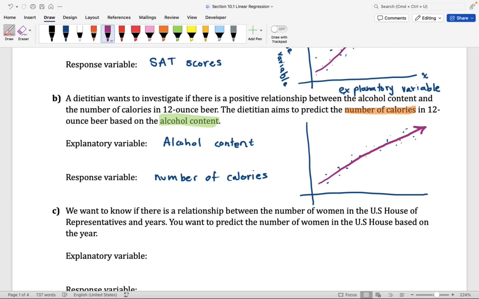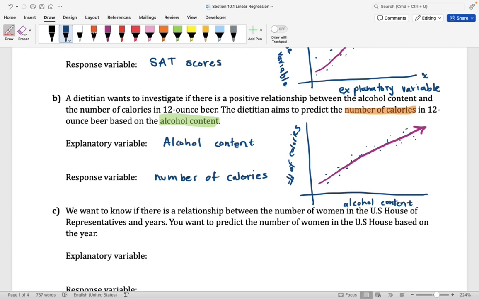And then we could use the equation of that line to make predictions, such as if I know that a 12-ounce beer has 5% alcohol content, can I predict how many calories that beer is going to have? So again, your x values would be the alcohol content of beer. Your y values are going to be the number of calories.